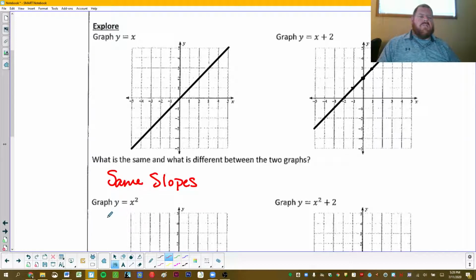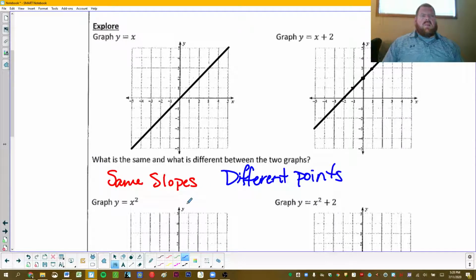And then the differences are more circumstantial than anything. They're really different everywhere. We're just looking at different points.